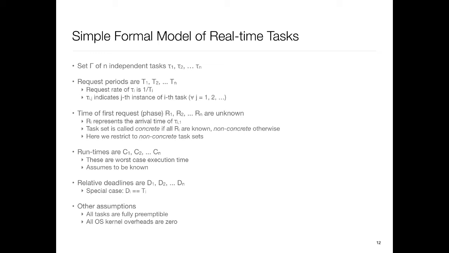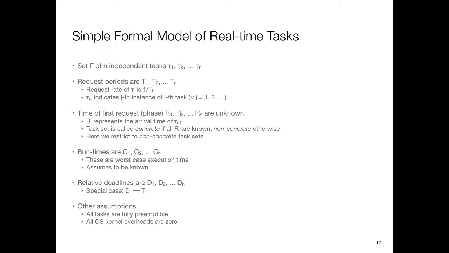We also assume the initial offset. Remember, the world started at some point: the system rebooted, t equal to 0. When did the first event corresponding to, let's say, task number i arrive?